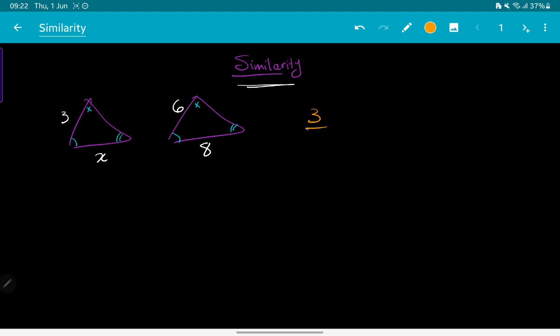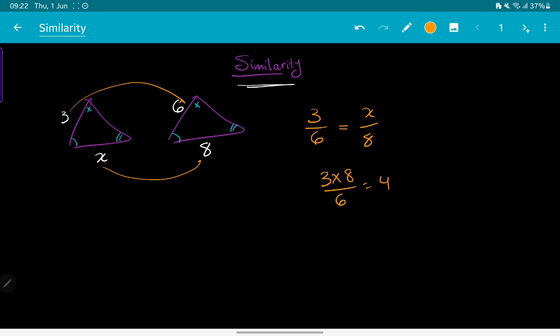So 3 over 6, because 3 and 6 are corresponding sides, is the same as x over 8. Cross multiply: 3 times 8 divided by 6, which is 4.